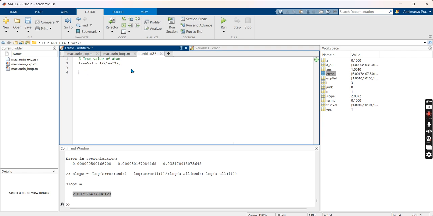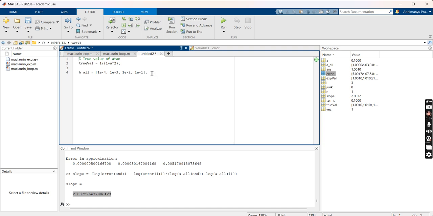Let me now take h values and try to do it for different h values: minus 4, minus 3, minus 2 and minus 1. So the four values are 0.0001, 0.001, 0.01 and 0.1.